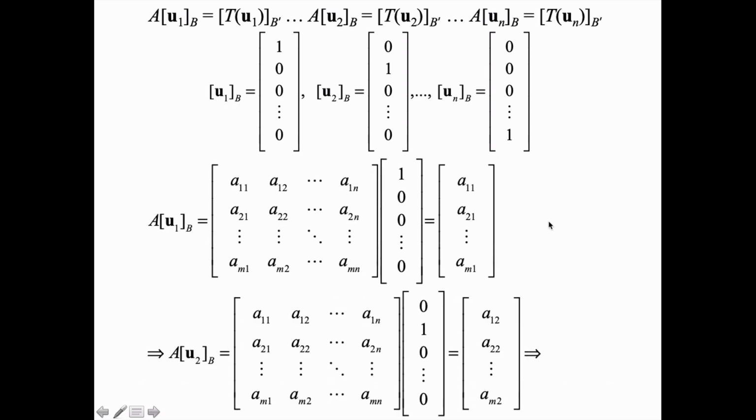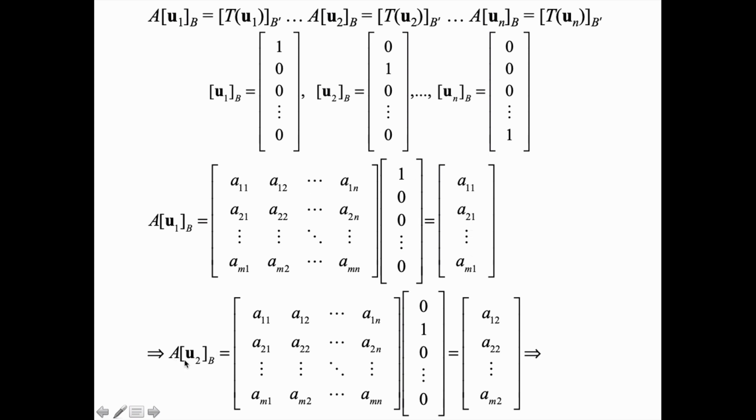If you multiply it out, notice what happens once again. Transformation matrix A times the first coordinate vector u sub 1 relative to B, well, that would just mean we're going to capture the first column, right? 1 times the first column and 0 times all the other columns gives us just the first column.